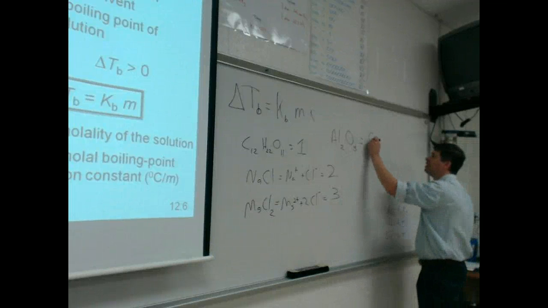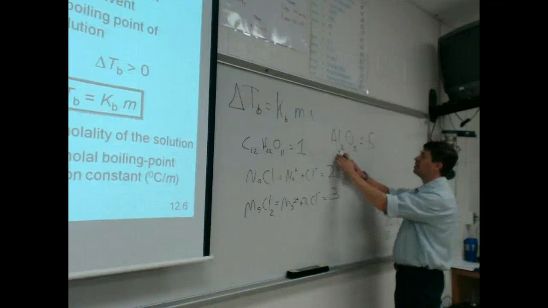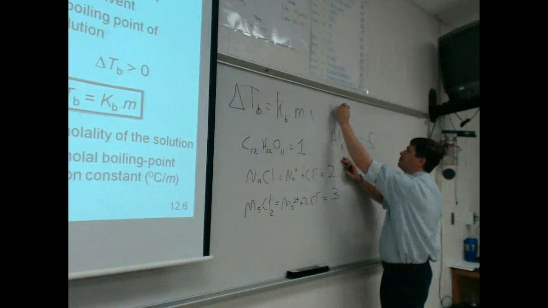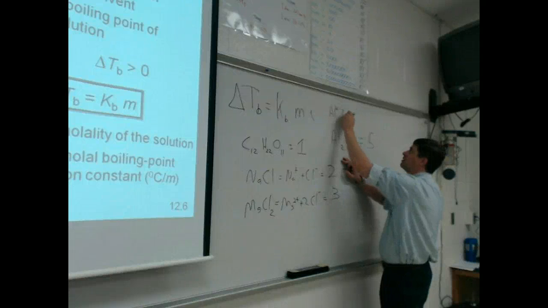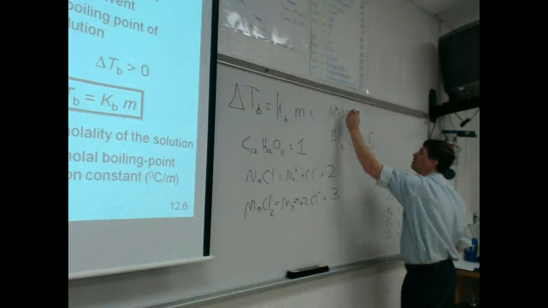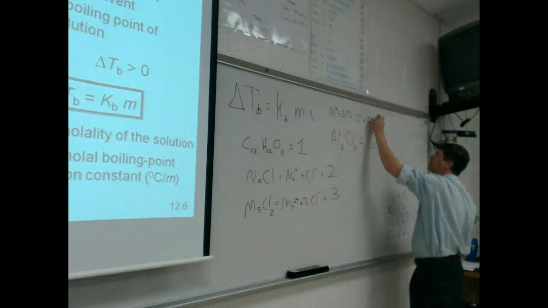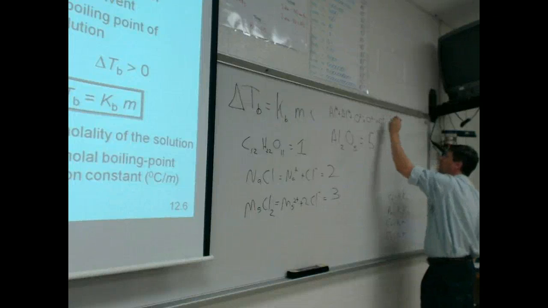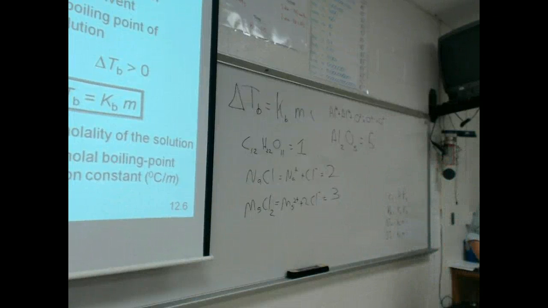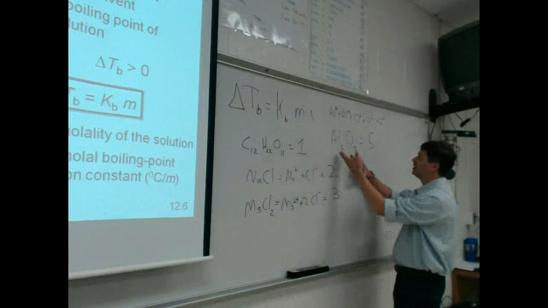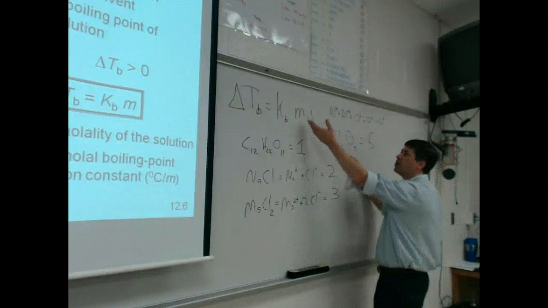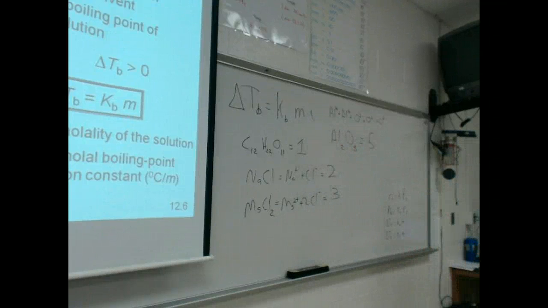The Van't Hoff factor would be 5 because I'm going to get 2 aluminum 3+ ions and 3 oxide ions. So you would get 5 particles from that. So if we knew the molality of aluminum oxide, we would multiply it by 5. Our effective molality in solution would be 5 times. Okay?